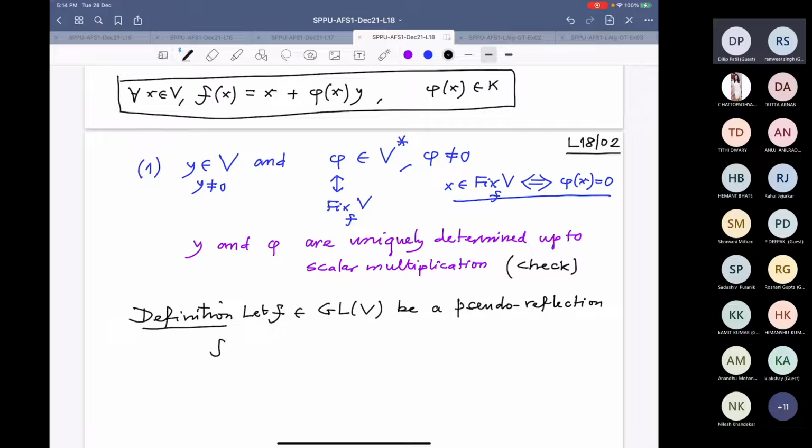And this F I am going to denote by this pair (phi, y).